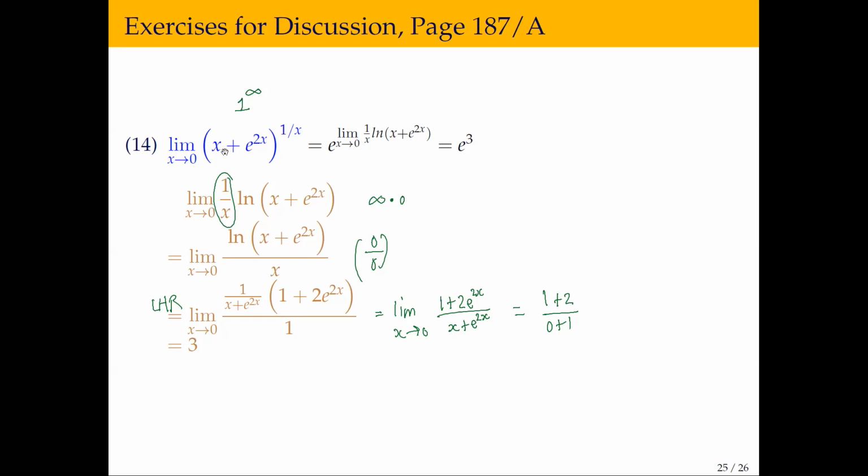Again, as you observe in this item, meron kang function raised to a function, and we have verified that this is an indeterminate form of type 1 raised to infinity. If that is the case, then all you have to do is to evaluate the limit of the exponent times ln of the base, and then plug in the value later for your final answer. So e raised to 3 is your final answer for number 14.